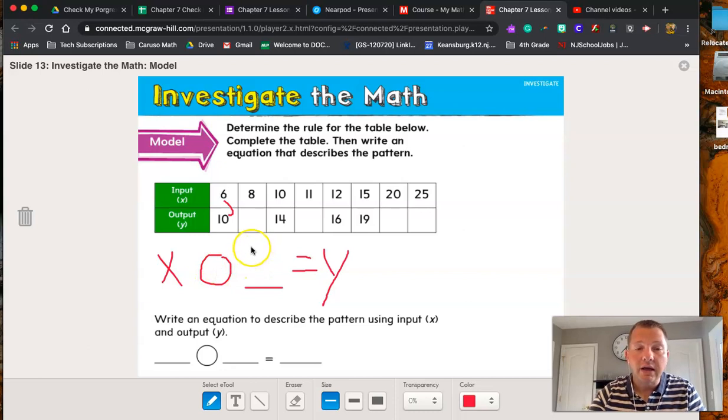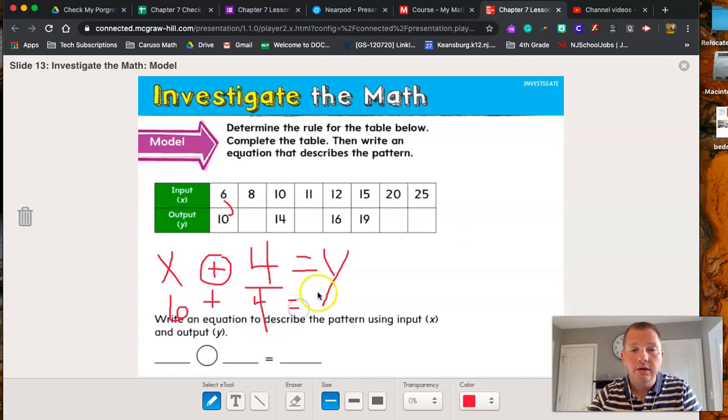So we could say x plus something, x plus 4, equals y, which is actually, so x is 6, and then plus 4, and then our y is already telling us is 10.